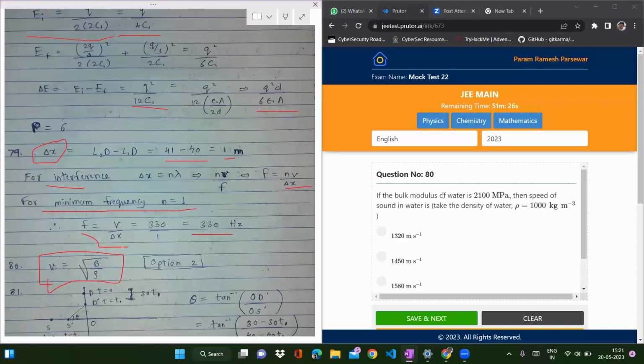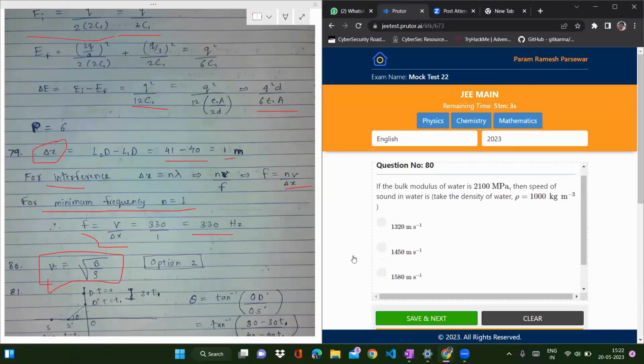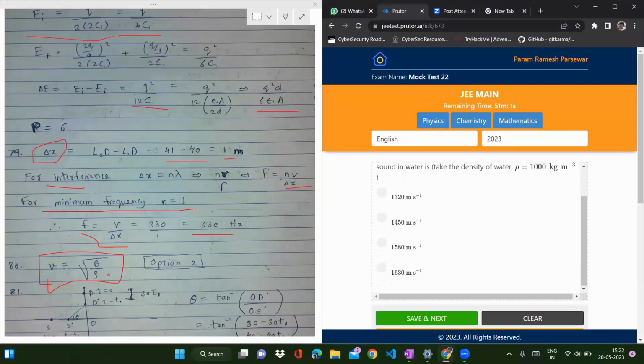Like in this question, it is given the bulk modulus of water is 2100 megapascal. The speed of sound in water is asked, and the density of water is given to be 1000 kg per cubic meter. If this formula is not known, then this simple question will not be solved.